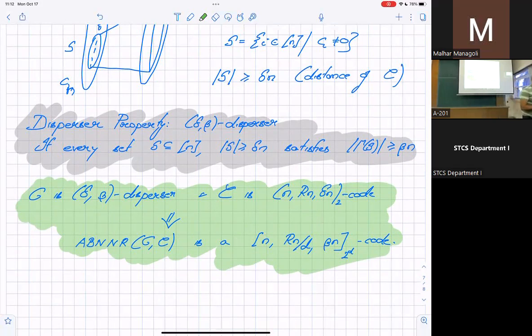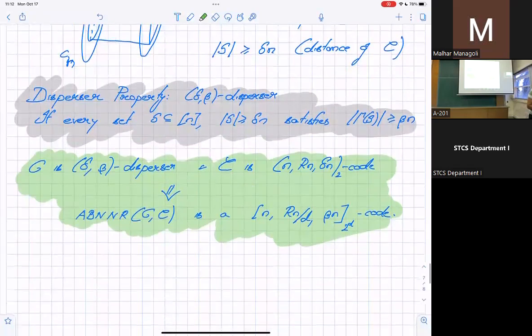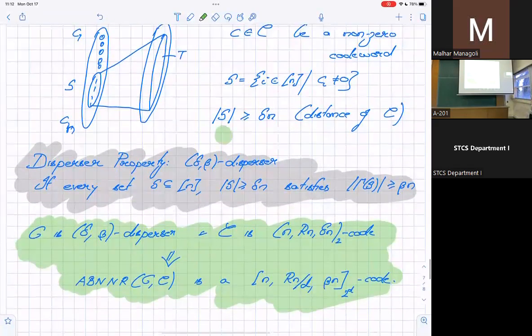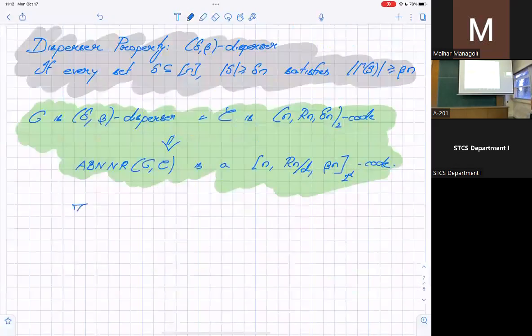So let's define P to be gamma S. And what are we asking?